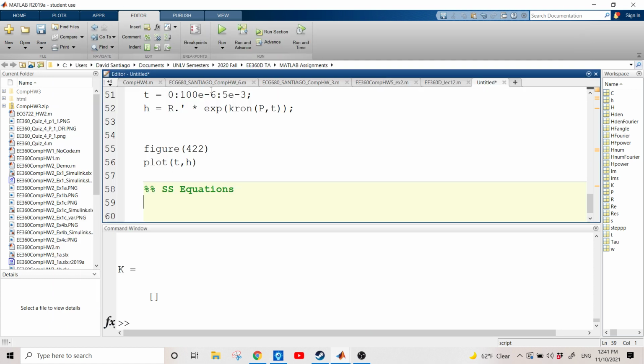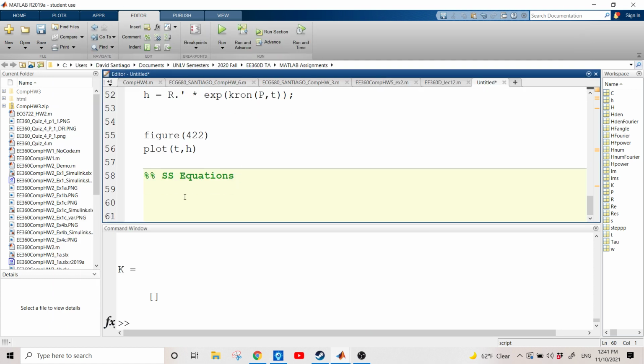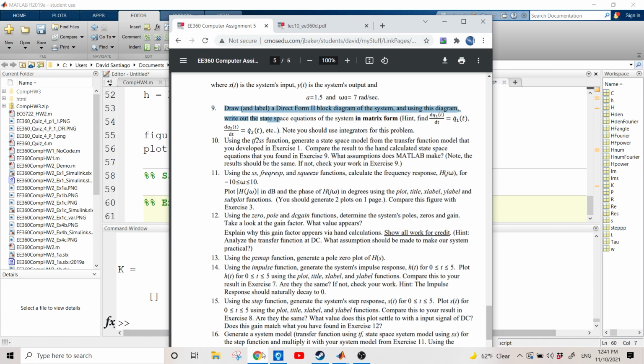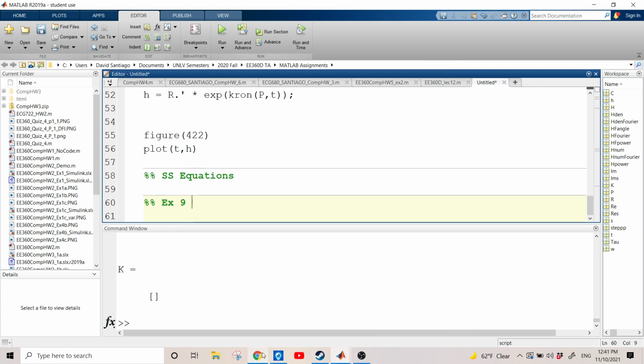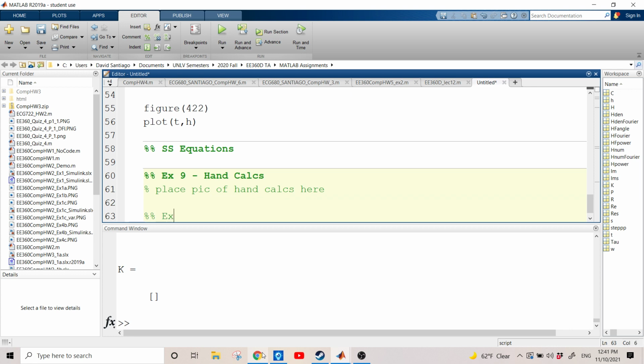Okay, let's see. Exercise, what number was this one? 9. And calcs. Place picture of hand calcs here. Okay.